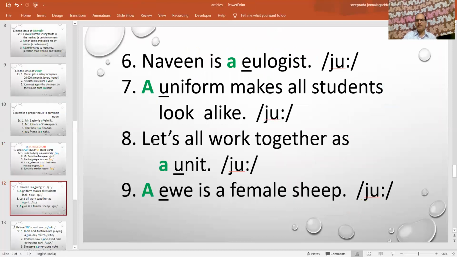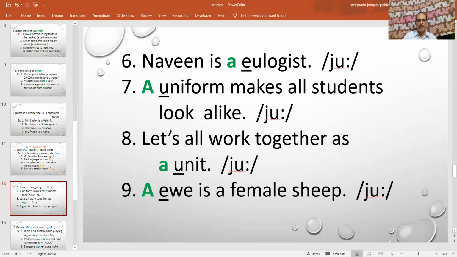Next, there are some other words before which we have to use the indefinite article a. Naveen is a eulogist. Here also the vowel letter E, from this one, E plus U. So this is also beginning with a consonant sound here. That's why a eulogist. Here also a uniform.